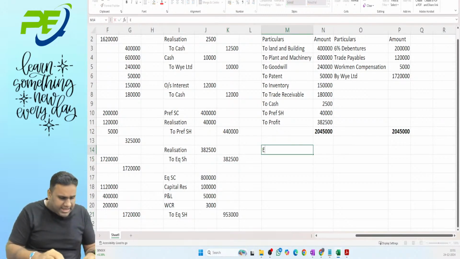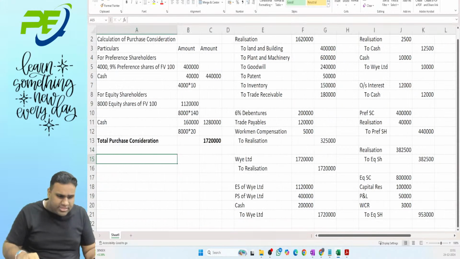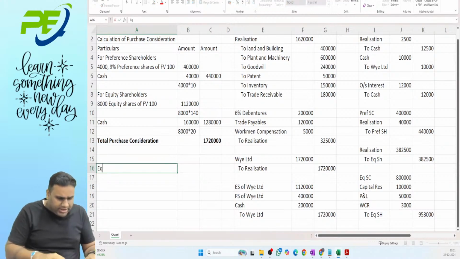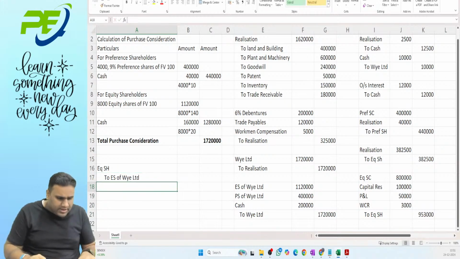So, final entry, equity shareholder 2. One second, I'll write this here. Equity shareholder 2, equity shares of Y Limited 2, cash.